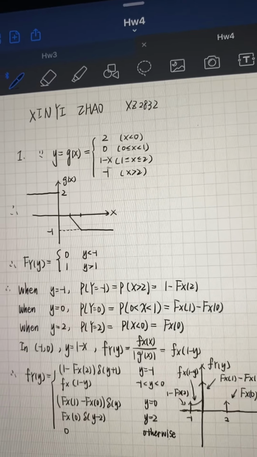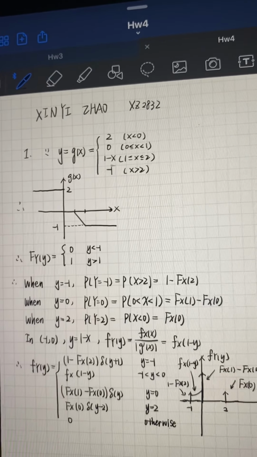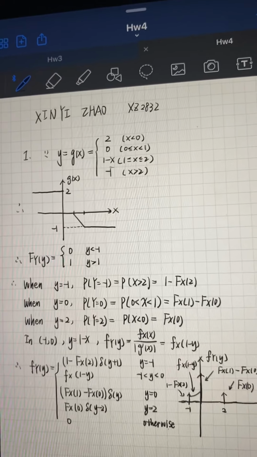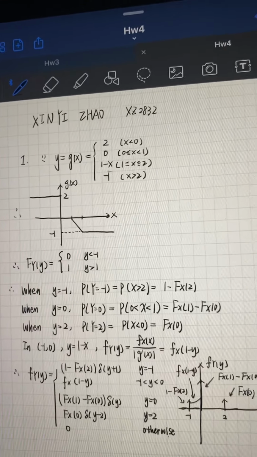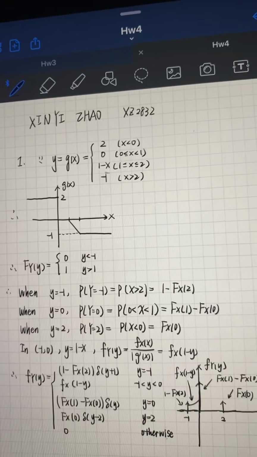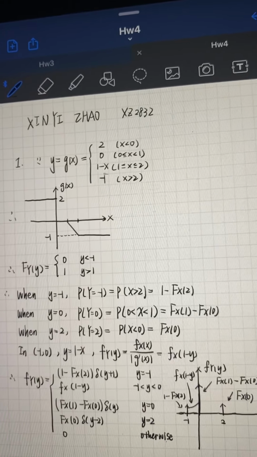That is, when y equals negative 1, the probability P(y equals negative 1) equals P(x larger than 2).